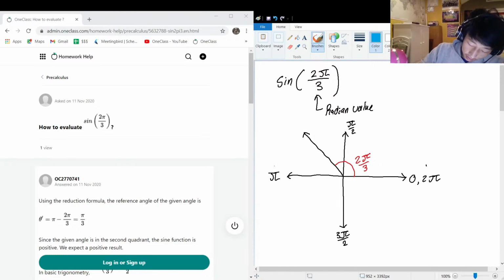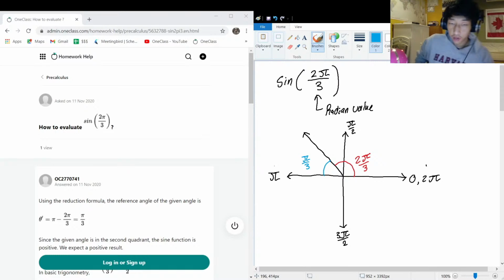And on the other side of this, we're just going to have pi over 3, because pi over 3 plus 2 pi over 3 should add up to pi, and they absolutely do.